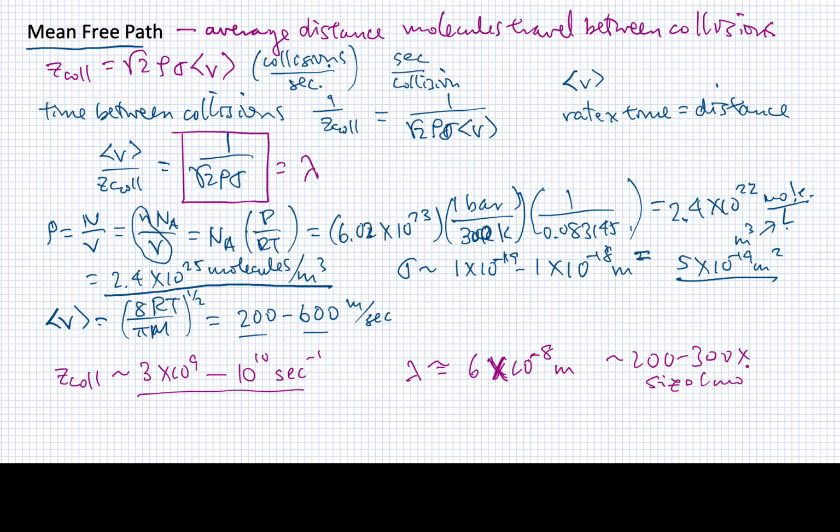So in other words, if you were walking down the street in downtown and you had to walk about 4 to 6 football fields before you would run into another person, you would consider yourself lucky, but it'd be a pretty long distance. So what you should consider is that molecules have to go a pretty long distance relative to their own size scale before they have a collision with another molecule.